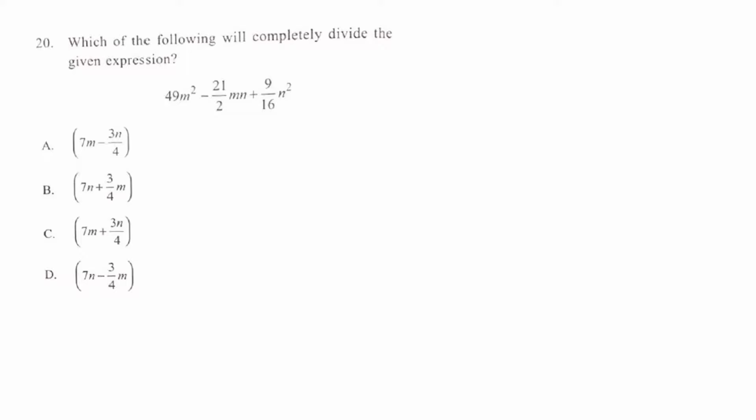So here you can strike out option B and option D because here 7n is there, here also 7n is there, right? Now I can write this expression as 7m whole square minus, okay, this part I am leaving now, I will first write here 3 by 4n whole square.